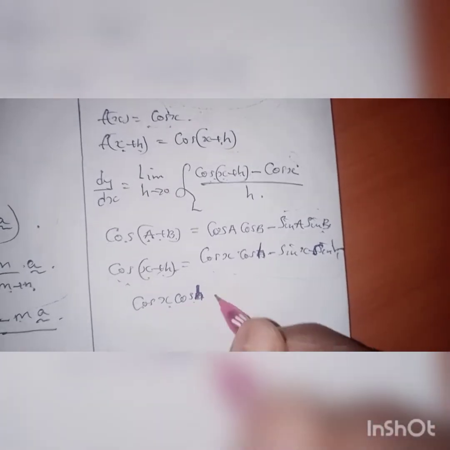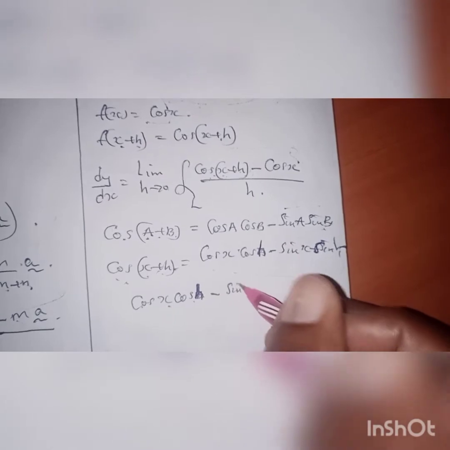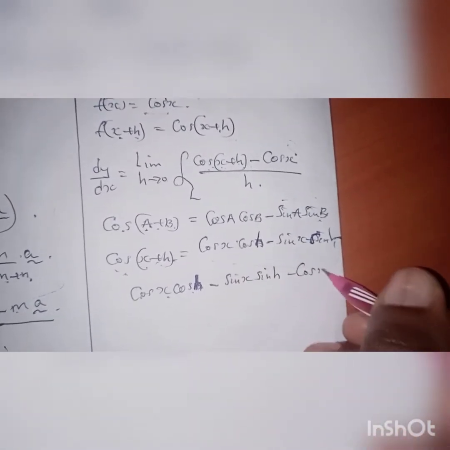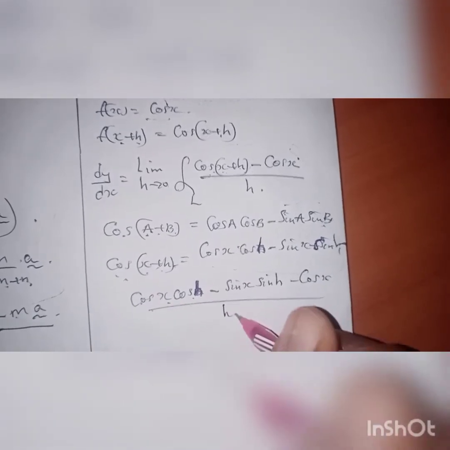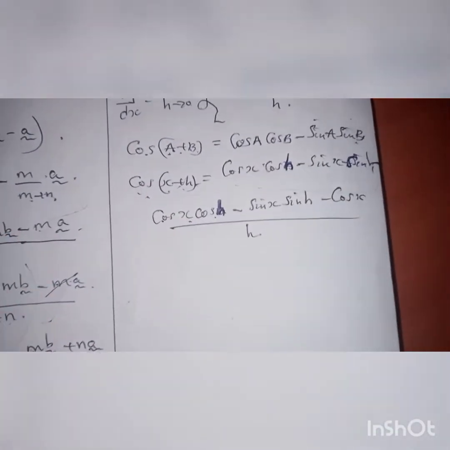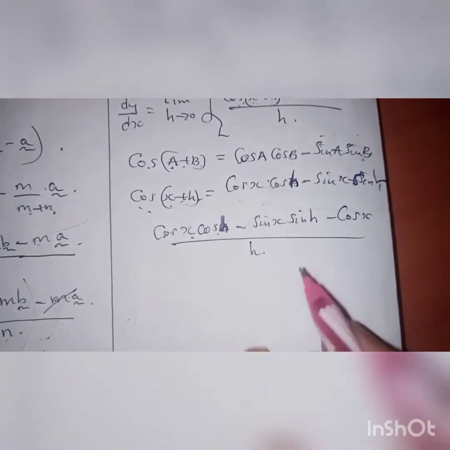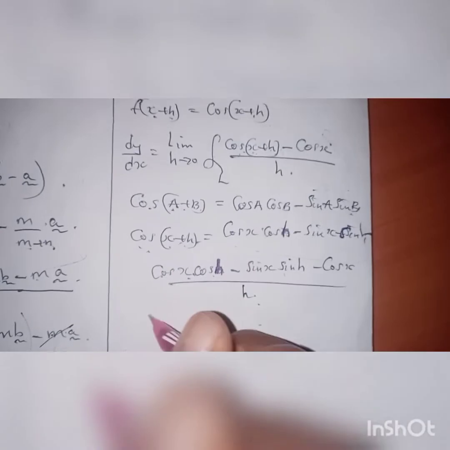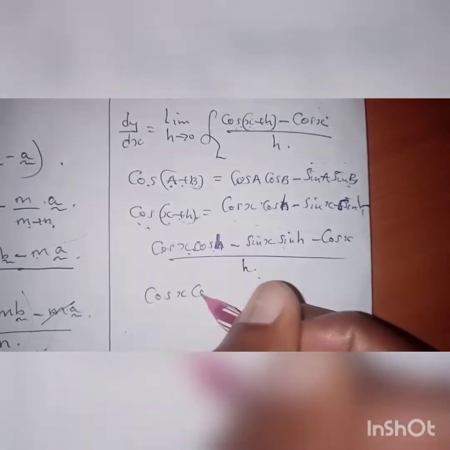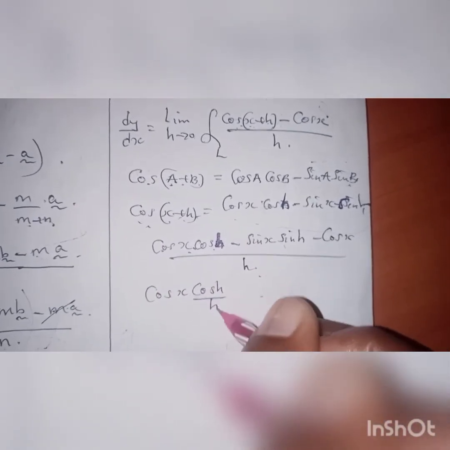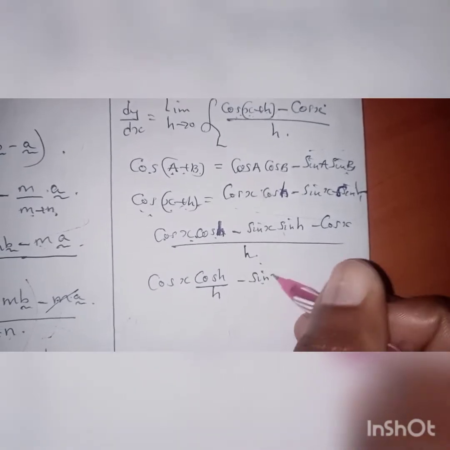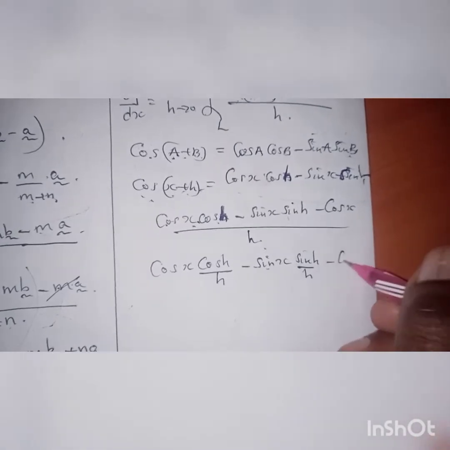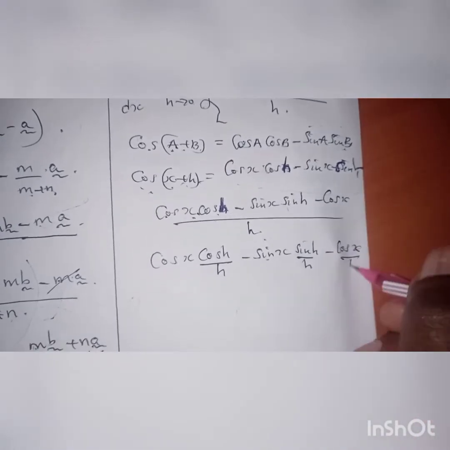So cos x cos h, minus sin x sin h, minus cos x, all over h. Mathematically it's correct for us to divide by h: cos x cos h over h, minus sin x sin h over h, minus cos x over h.